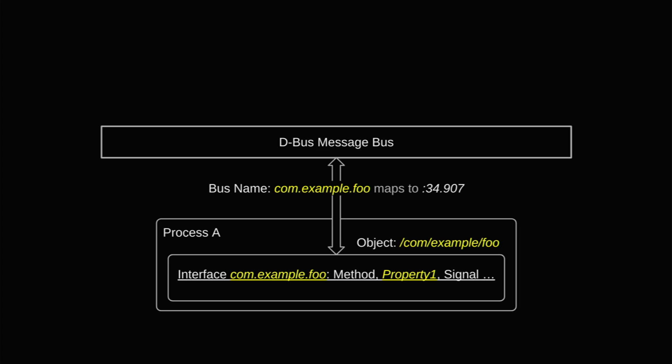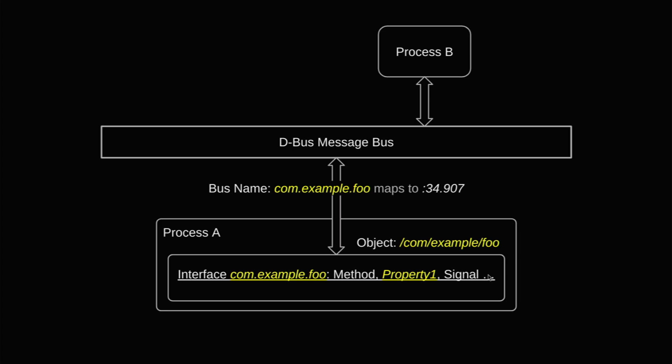And process A has an object at path /com/example/foo. And the object has an interface, which is com.example.foo. And it has methods, properties, and signals.